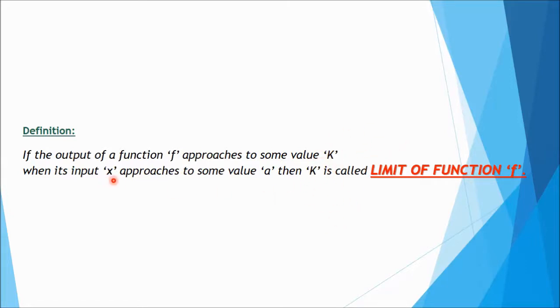When input is approaching towards a, and output is approaching towards k, then that approaching output will be the limit of the function. Limit of the function is the approaching output when input is approaching towards a certain value.